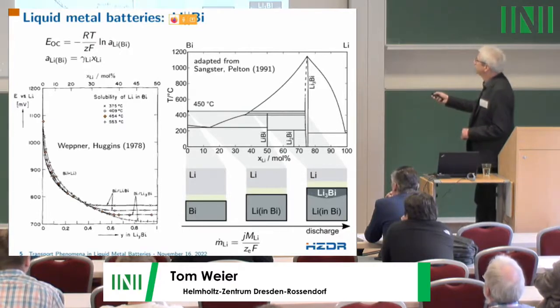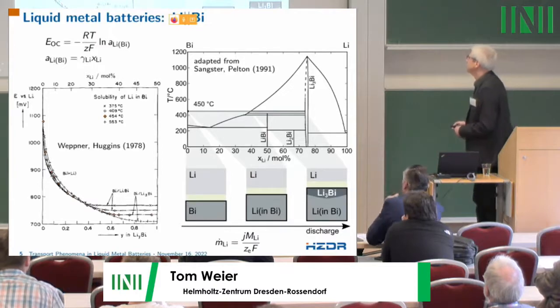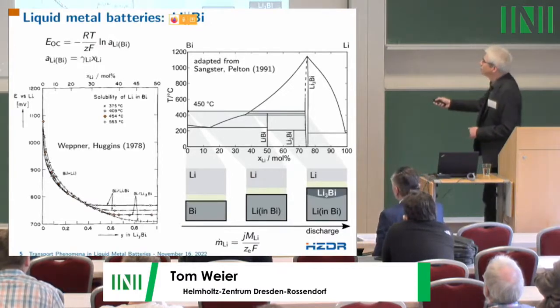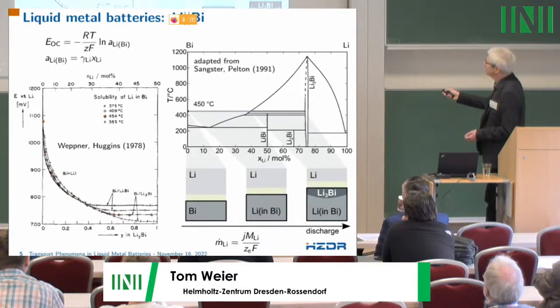And here we have this line in the phase diagram. So here is 0 lithium in the bismuth, here is only lithium, no bismuth. And at 450 centigrade during discharge, we travel along this line.